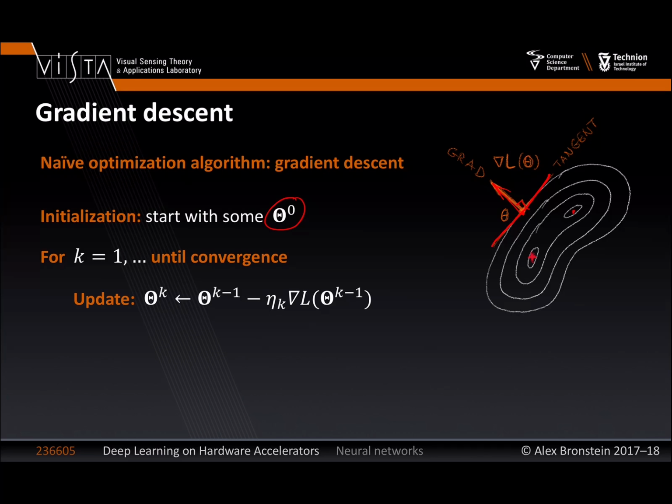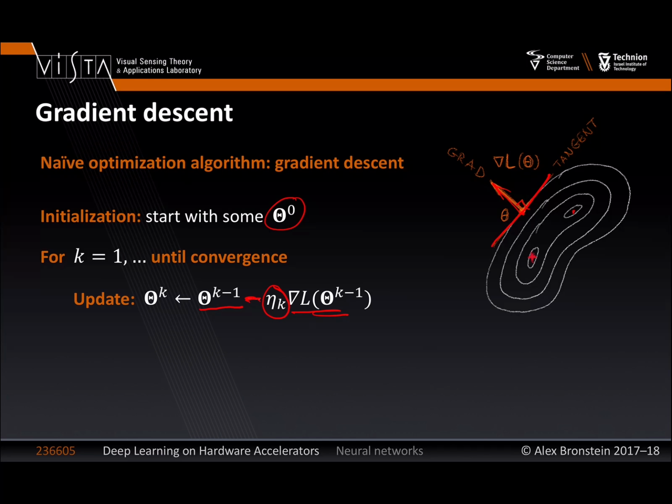Basically, you do the following update. You take the current iterate of theta. You make a step of size eta k in the direction of the negative gradient at the current point, and this is your new iterate.